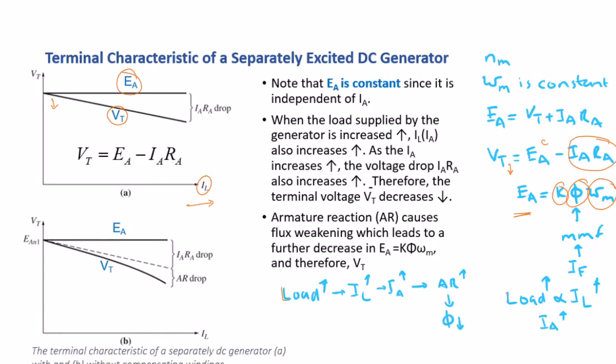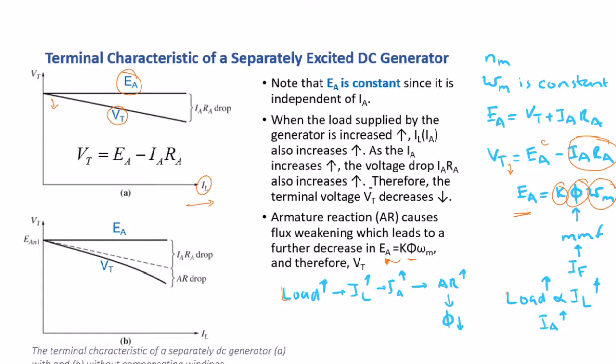So the flux is getting less, as you can see from there. Then it will have an effect on EA, which is that EA is getting lower and lower as well.